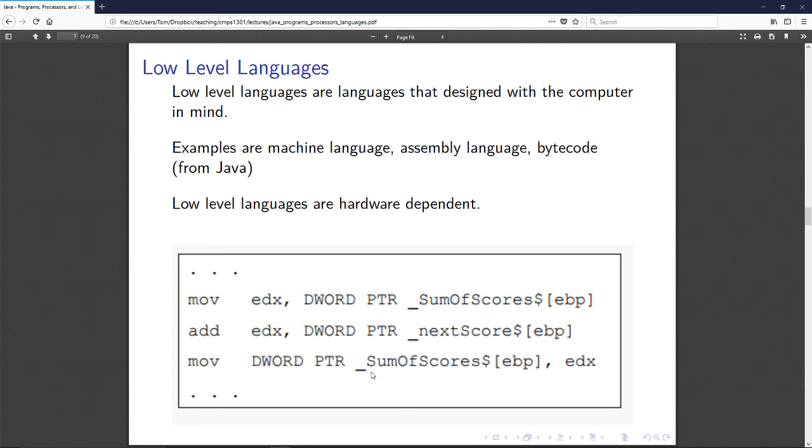It's a little more standardized than it used to be, but it can still be that way, where two different types of machines have two different types of machine language or assembly language. That would be a problem if you were a software developer and wanted to develop something that can be run on a lot of different machines.